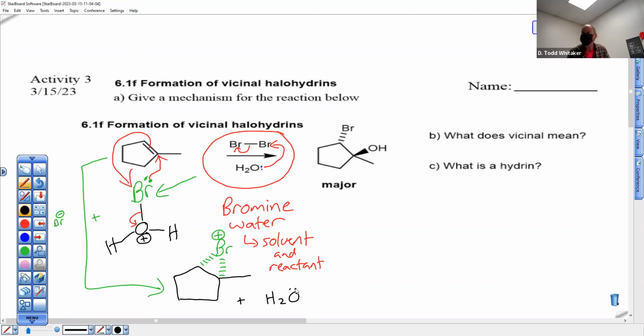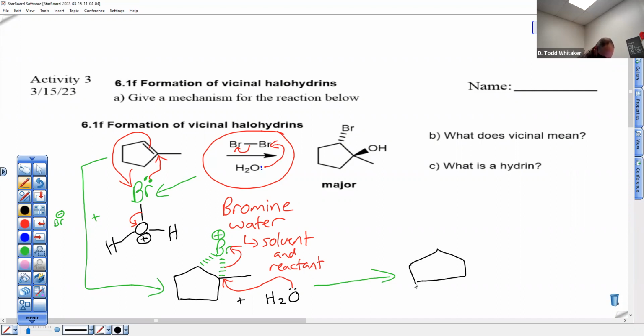The backside attack on which carbon? More substituted carbon. That puts the O on the more substituted carbon, and O is more electronegative than Br. So who's the Russian guy? Markovnikov. He says this is a Markovnikov result. Of course, he didn't say it at all.